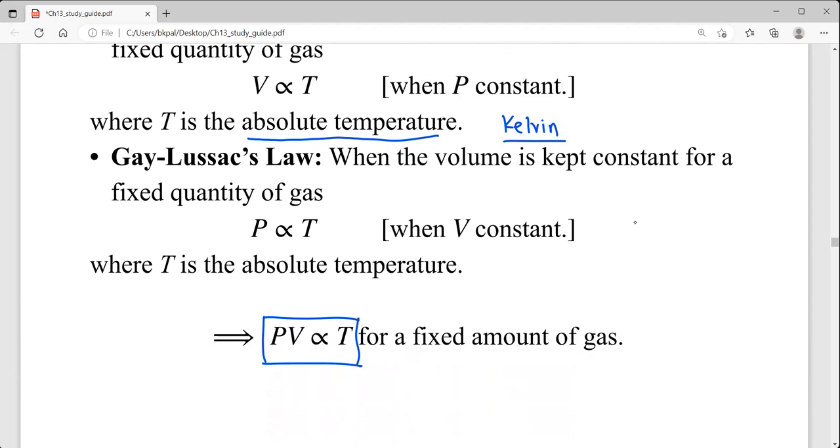Before I write an equation using this, let me talk about the amount of gas, and then I will come back to write an equation which relates the absolute pressure, volume, and absolute temperature.